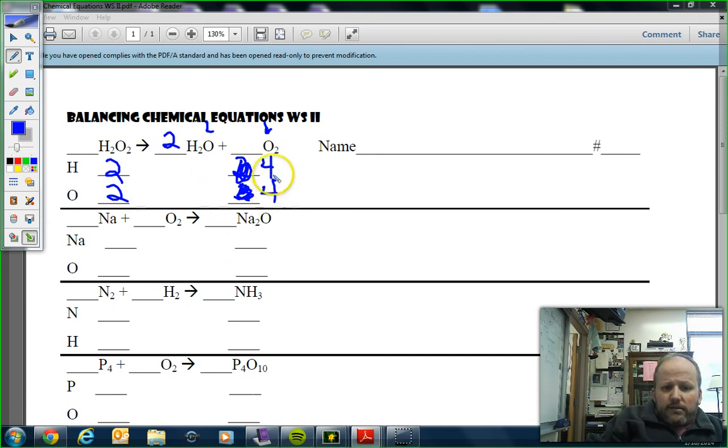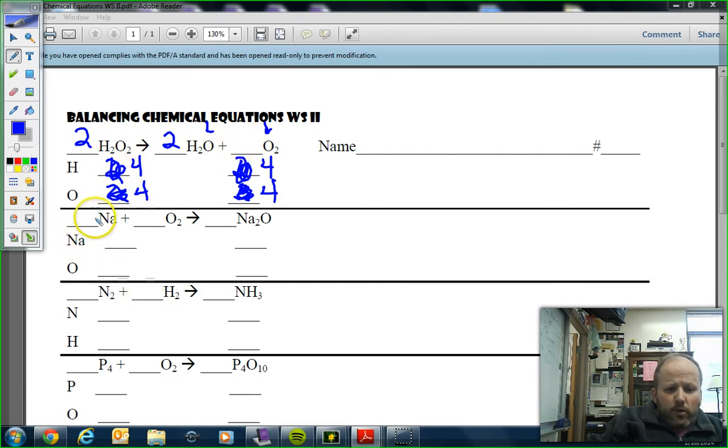Well, that's great, because now I have 4 over here and 2 2's over here. I put a 2 right there. 2 times 2 is now 4. 2 times 2 is now 4. 2, 2, 1. I don't even write the 1, I don't say it typically. 2, 2, 1 is a balanced chemical equation.